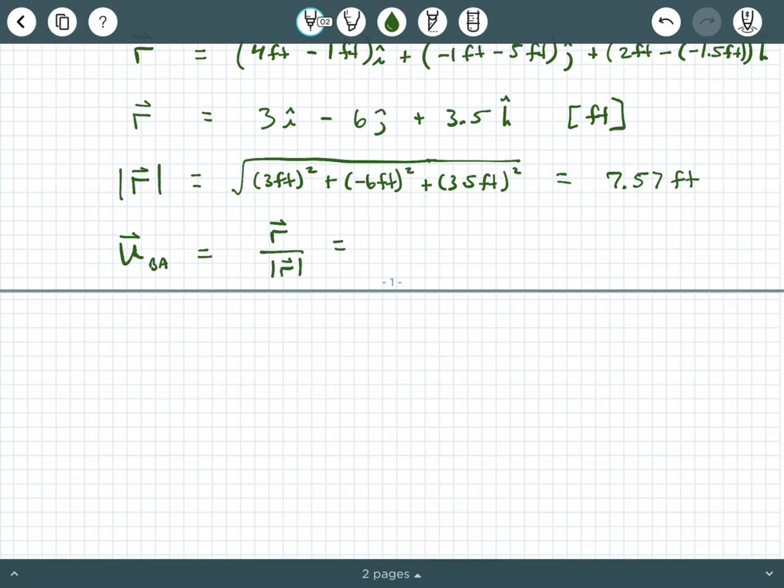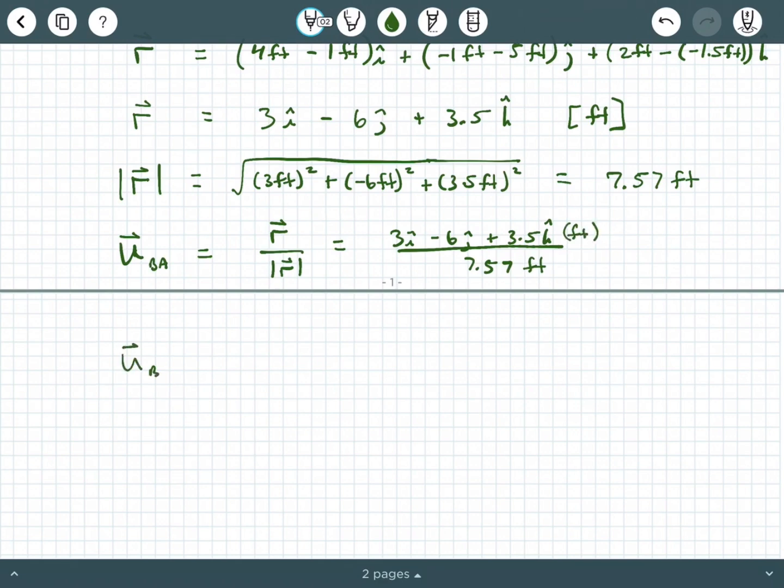So that would be 3i minus 6j plus 3.5k, all divided by 7.57 feet, and the numerator carries units of feet as well.